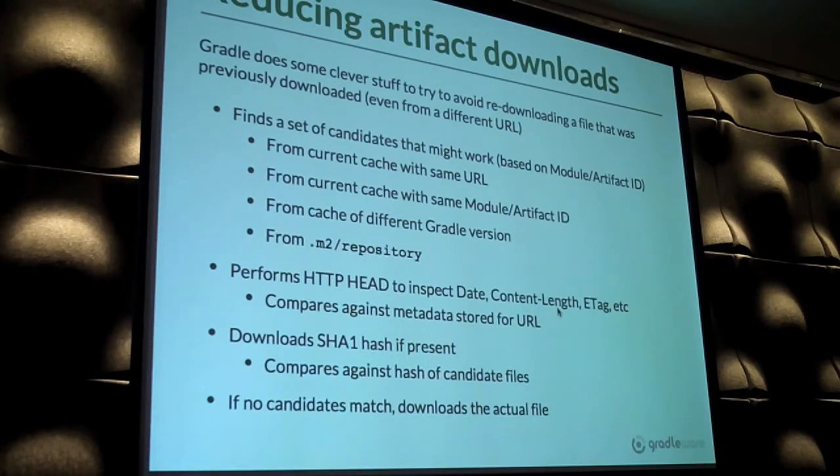So what this effectively does is reduce your download to a bunch of really small HTTP requests and no big downloads of jars. And finally, if no candidates match at all, it downloads the actual file. It's kind of cool.